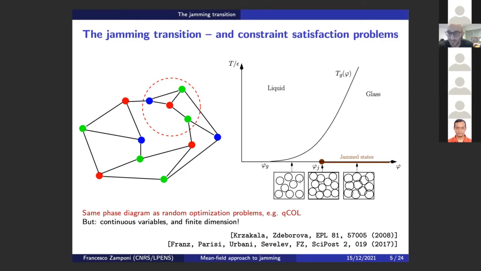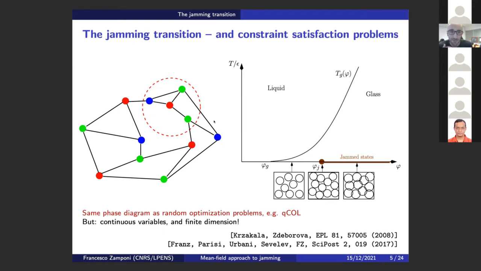So we want to find a configuration of the particles such that there is no overlap, and the jamming transition is the point that separates the region where we can find solutions, so we find states with no overlaps, from the region where there is no solution, so we cannot find states with no overlap. And this is what is called in the literature on constraint satisfaction problems a SAT-to-UNSAT transition. So it's satisfiable to unsatisfiable.